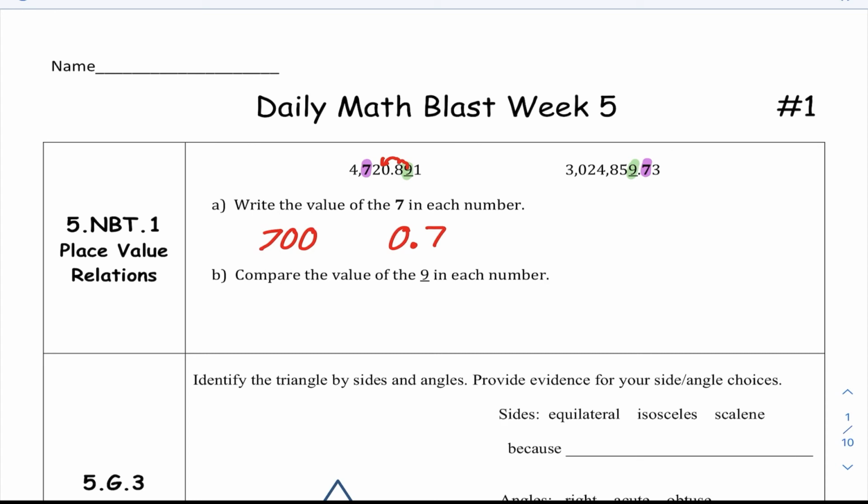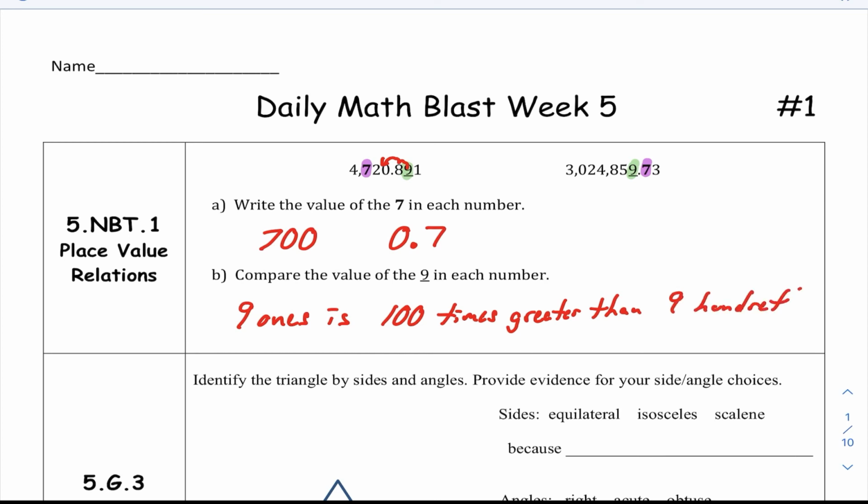So what that tells me when I'm comparing the value is 9 ones is 100 times greater than 9 hundredths. I could have also compared the 9 hundredths to 9 ones, but that would involve dividing it by 10 twice.